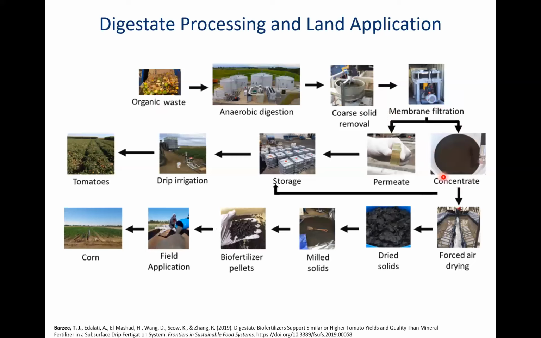After that, the liquid fraction can go through membrane filtration, and this membrane filtration can produce a concentrate and a permeate. These are two streams that can be separated and stored until used. You can use the concentrate or permeate as separate streams with different characteristics, as I will mention in a minute.